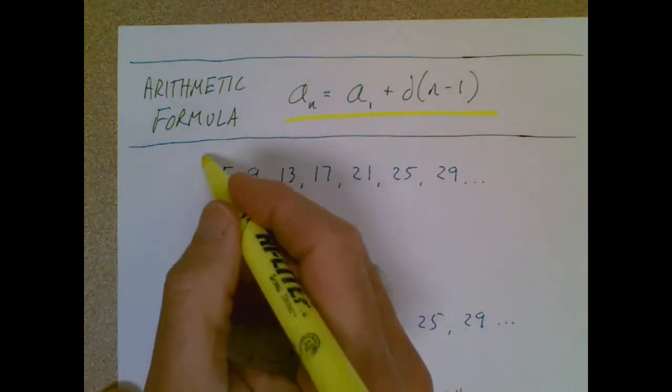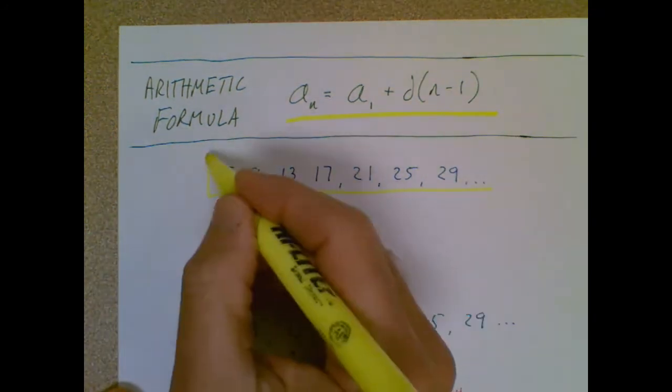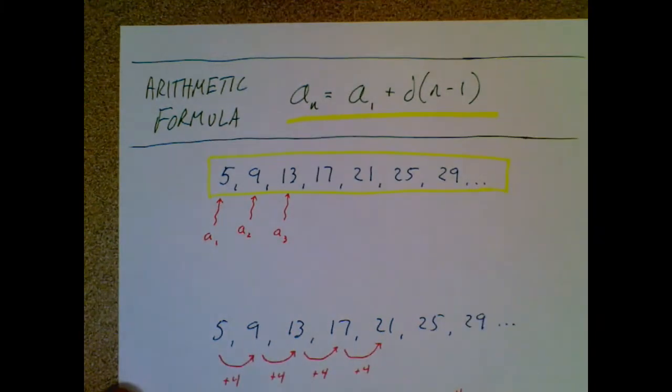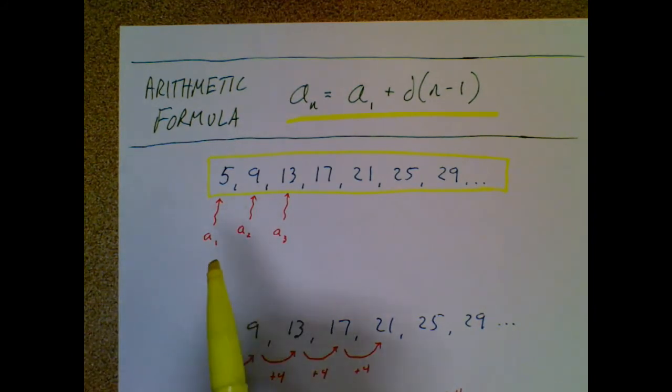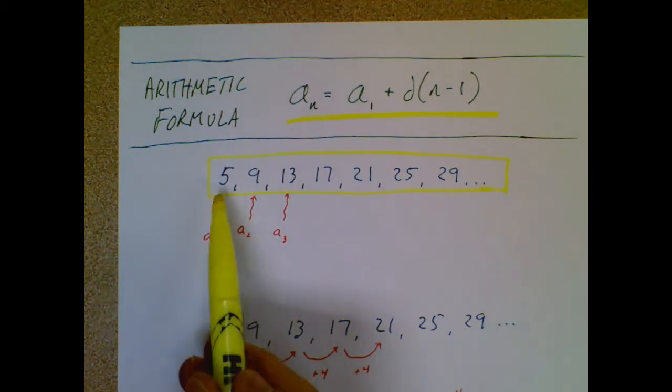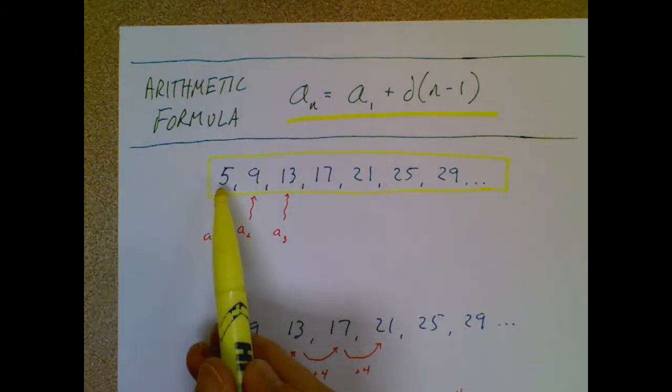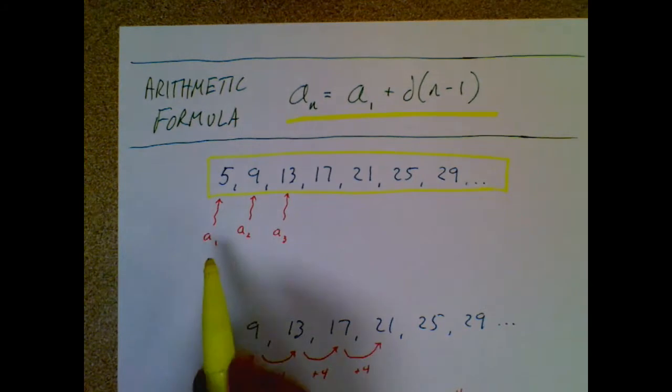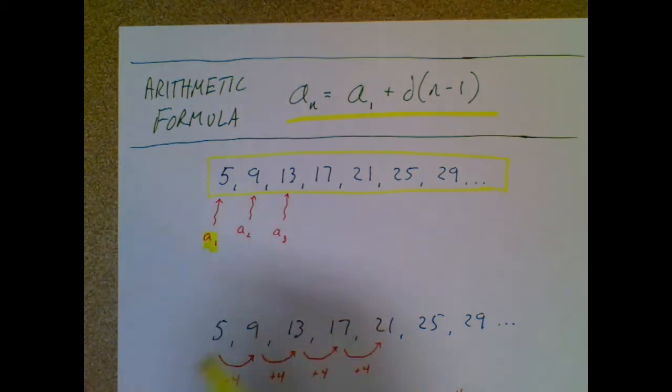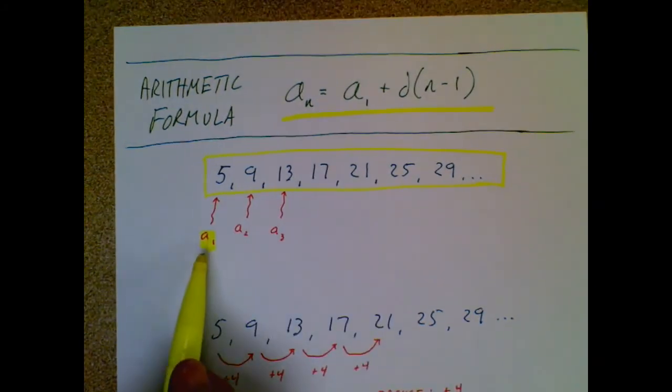So I look at this example right here, and this is an arithmetic sequence. And you can tell right away as you look at that there's a pattern that you can follow. We'll talk about that pattern in a little bit, but we're going to call this the first term in the sequence, and it would get this symbolism called A sub 1, A subscript 1, or the first term in the sequence.